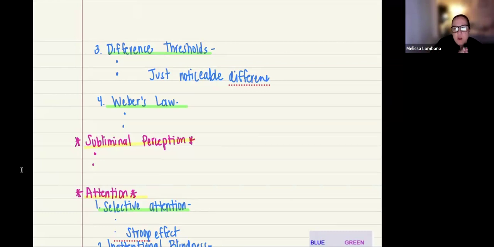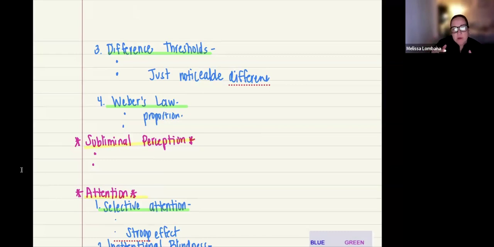Then there's what's called Weber's law, and Weber's law has to do with proportion. This is when you're able to notice that slight difference in proportion to something. It can be in a picture, or in the weight of something.